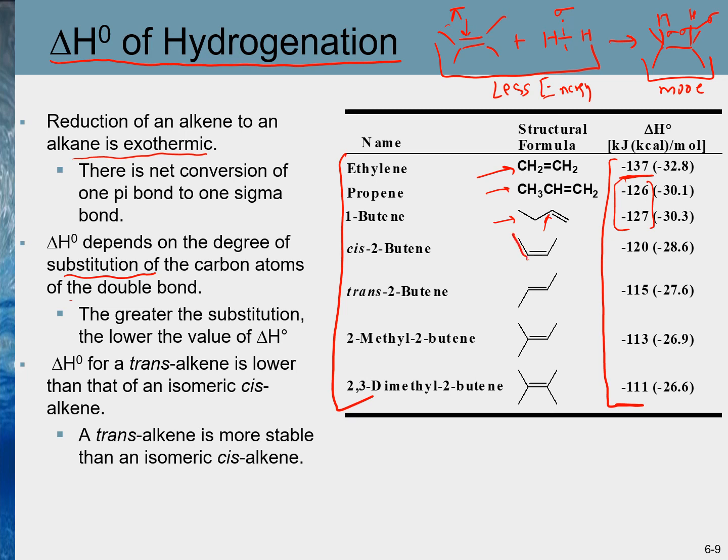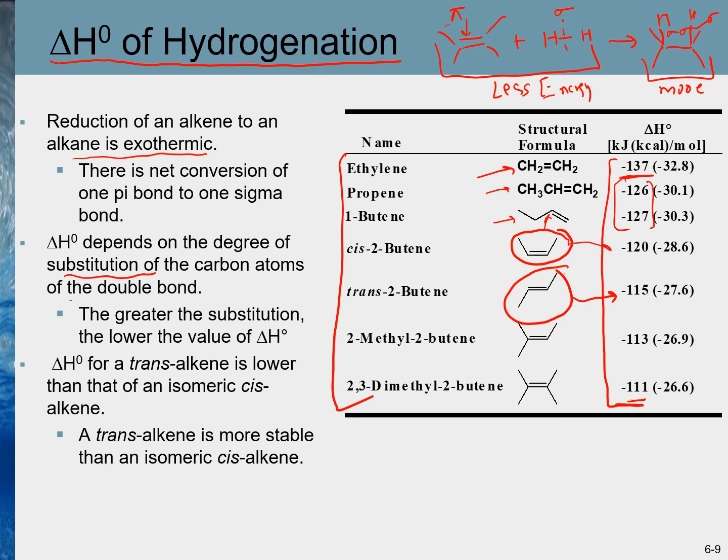So the more substitutions we get, now it has 3 substitutions, and finally we have 4 substitutions. So we can see the heat of reaction is going down. Also, the third important factor is if we compare cis-2-butene and trans-2-butene, we will see that the heat of reaction is lower in the case of trans, and in the case of cis, the heat of reaction is higher.